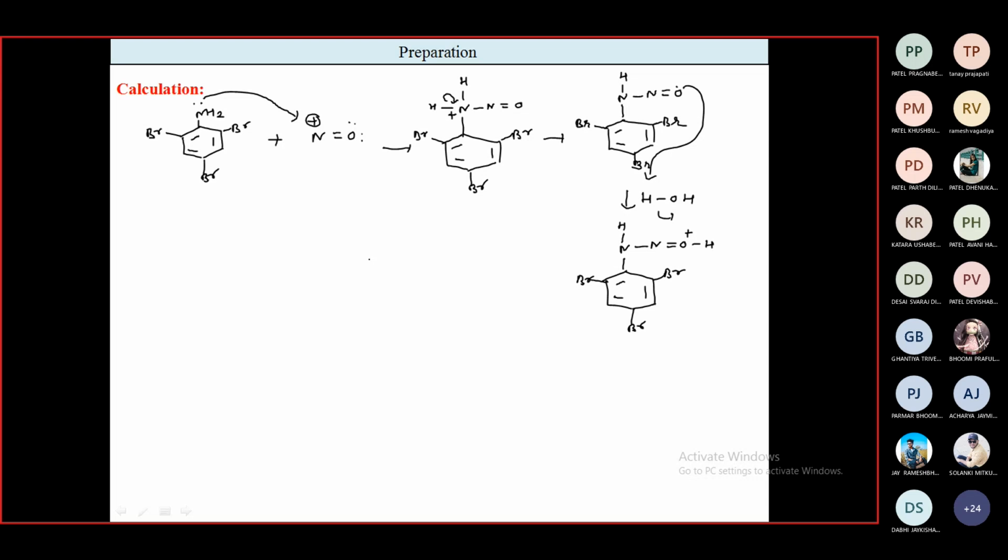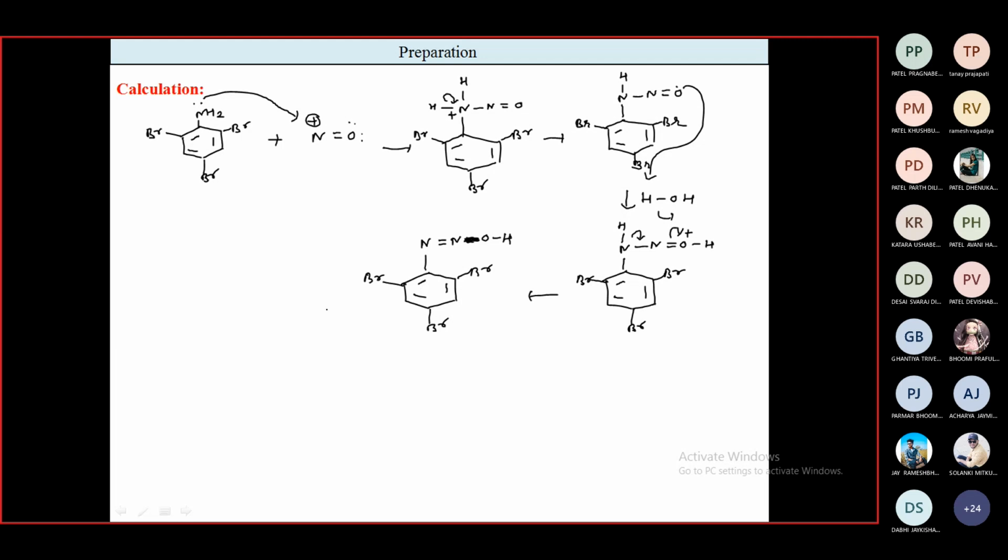OH plus. Finally it undergoes removal of proton in this way. So charge gets removed. Double bond is now converted to single bond.